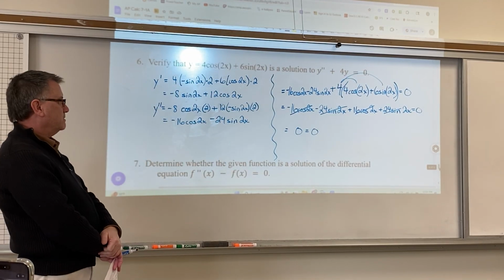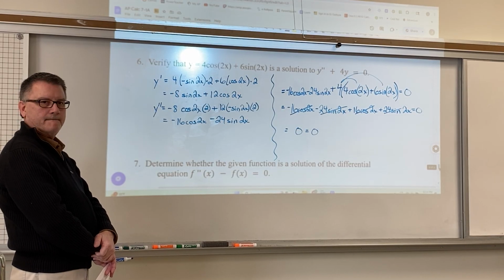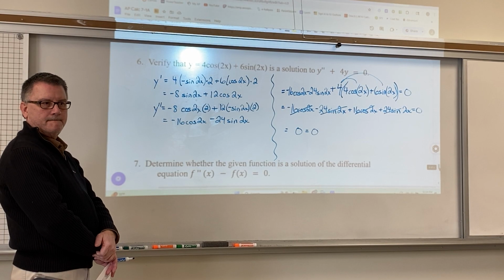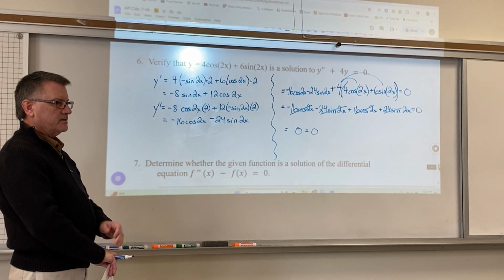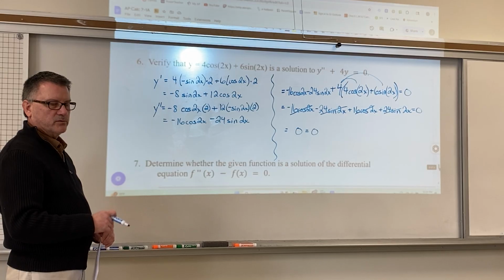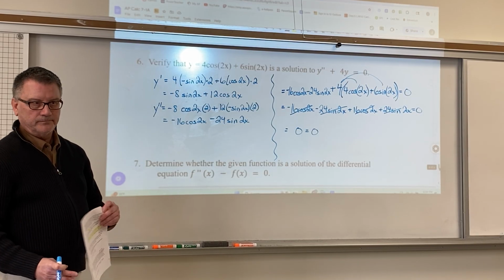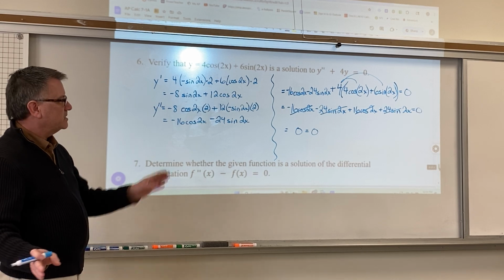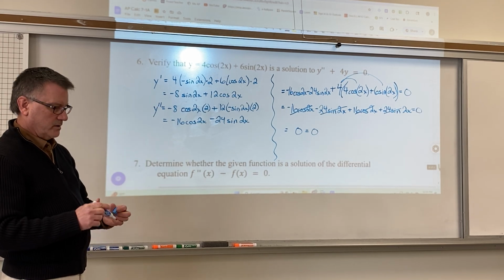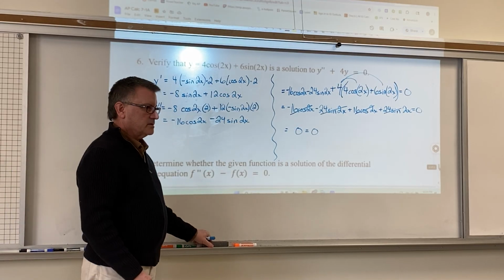That was a solution. We have solved a differential equation when we find the original equation and the form of the derivative and plug it back in and make sure it works. Because remember, we got an equation, not an expression. We've got an original equation. A differential equation, it's going to equal something.